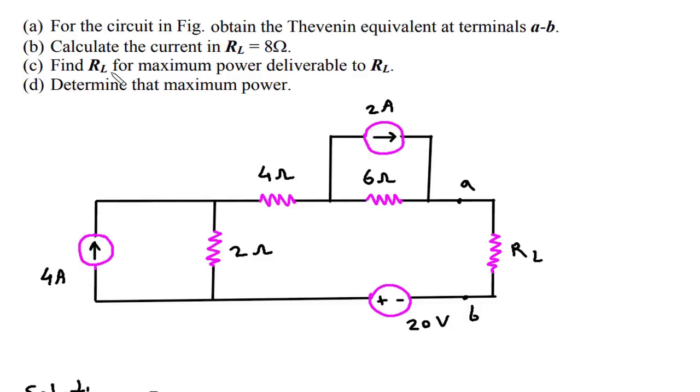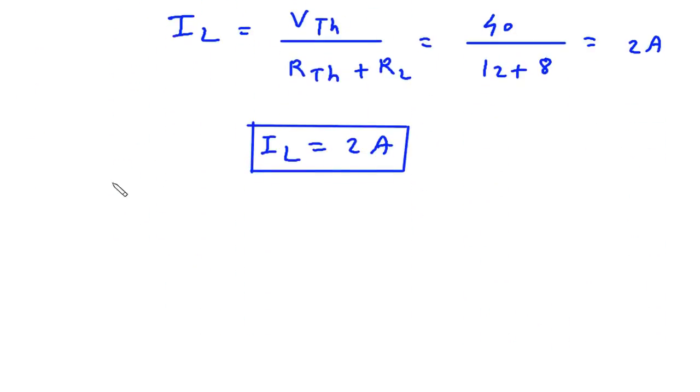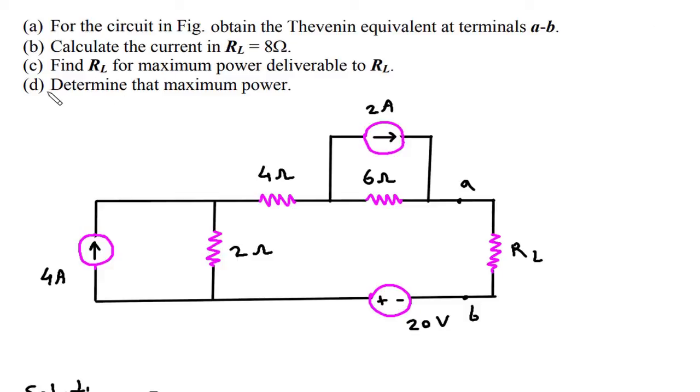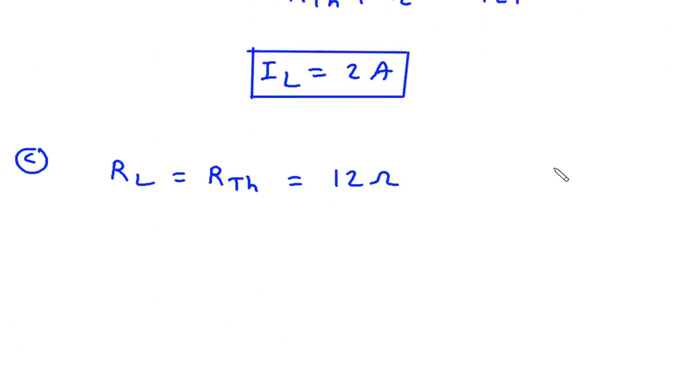Next we have to find RL for maximum power deliverable to RL. So for C, when RL is equal to RTH, it will be 12 ohm. This is the condition for maximum power transfer. Next we have to determine that maximum power. P max is equal to VTH square by 4 RTH.